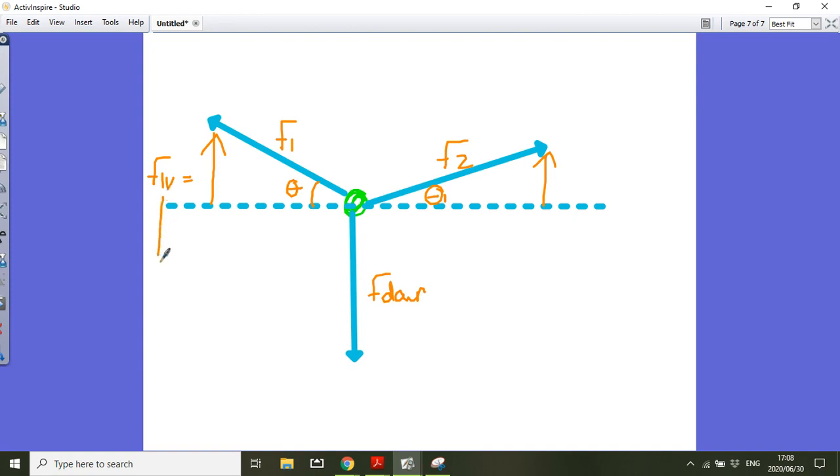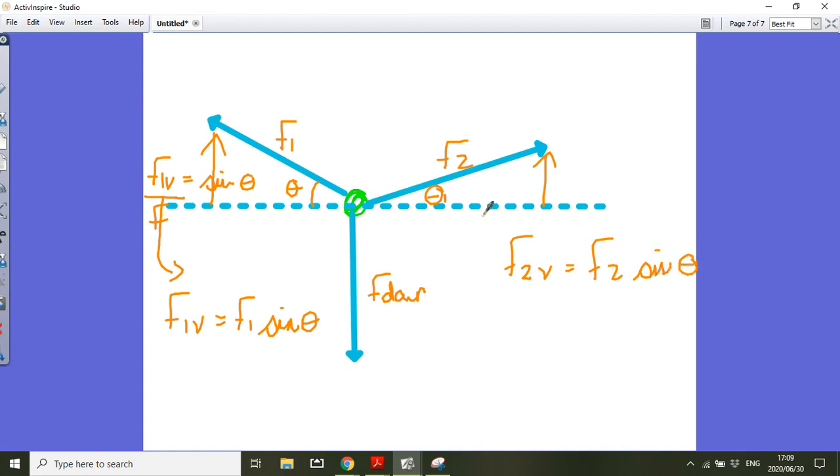So when I work that out, I'm going to say F1 vertical over F1 is equal to sine of theta. You don't have to put that step in. You can go straight to F1 vertical is F1 times sine theta. And on this one, F2 vertical is equal to F2 sine theta. It's not always sine. Please just look at your triangle.